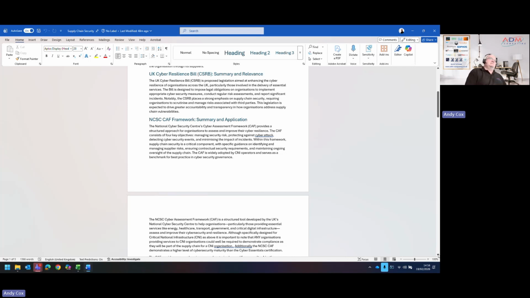So let's say that Bob's Widgets are hit by a cyber attack. Within the 24-hour framework, Bob's Widgets have to report that to the NCSC. The NCSC will see, oh, okay, Bob's Widgets have been hit by a cyber attack, and they supply the NHS in East Kent.